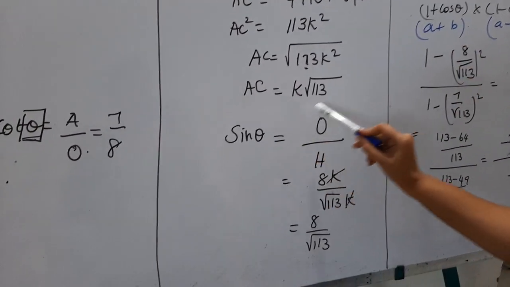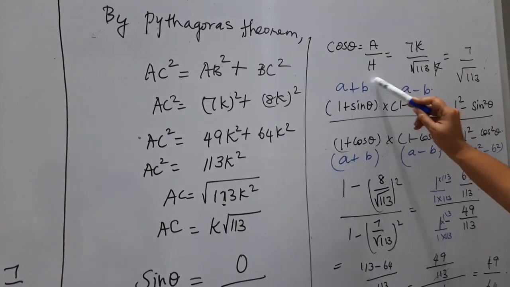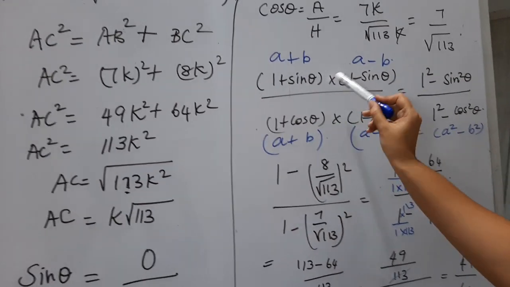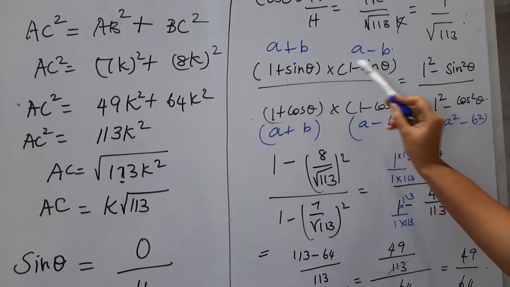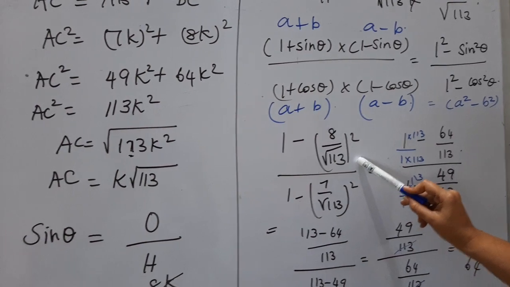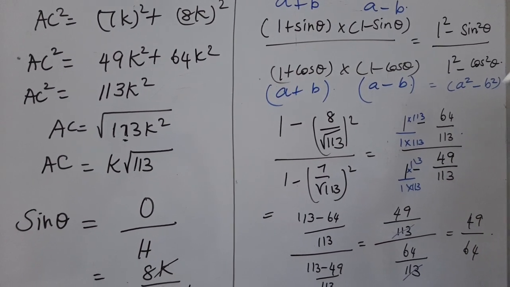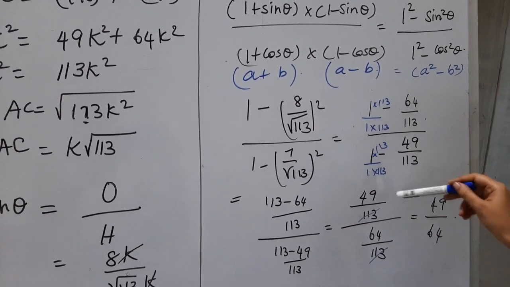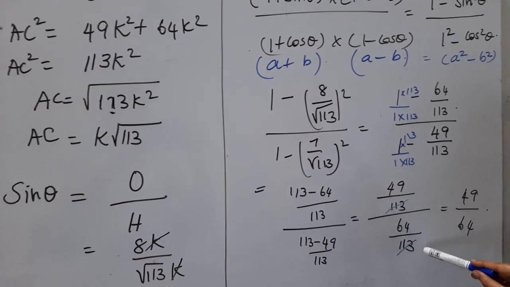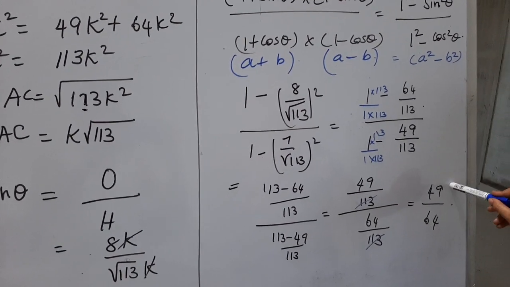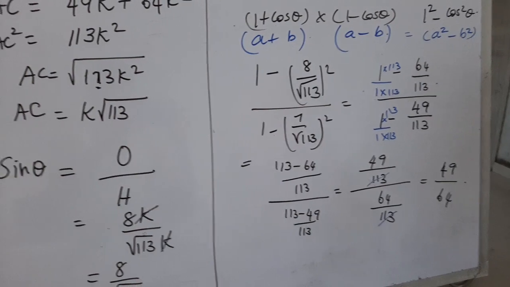Then we calculated sine and cos, and substituted their values into the given question, and then I simplified the sum. I took the LCM, cancelled the common terms, and got the value as 49 by 64. That's all the sum is.